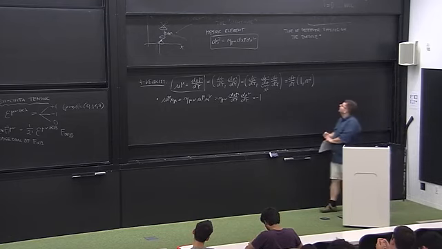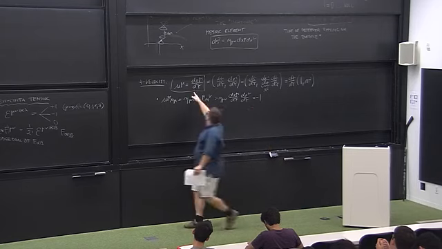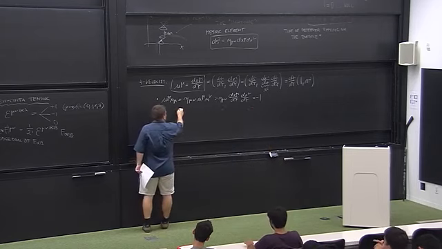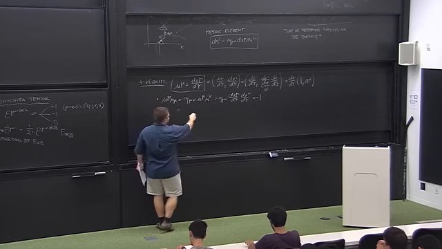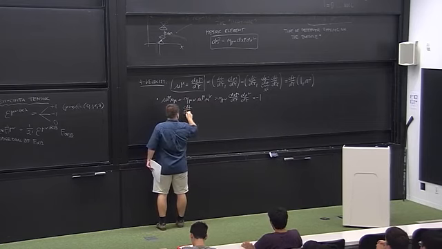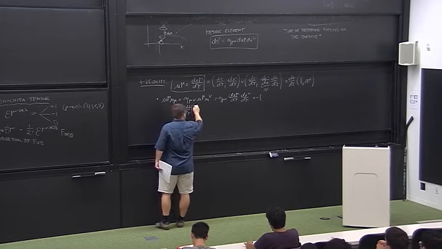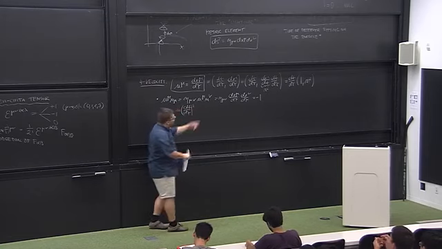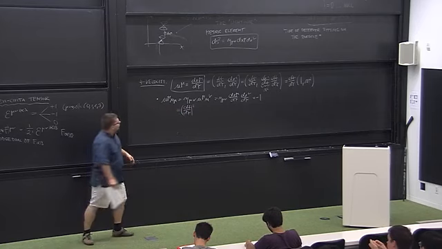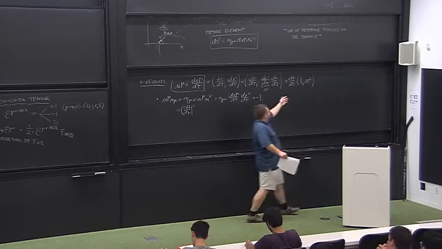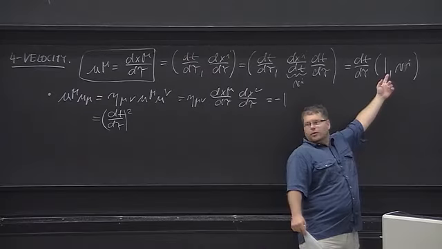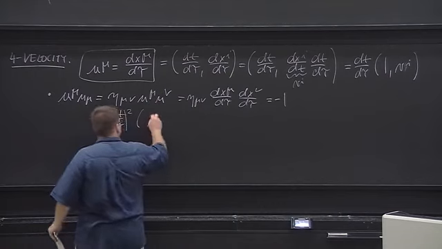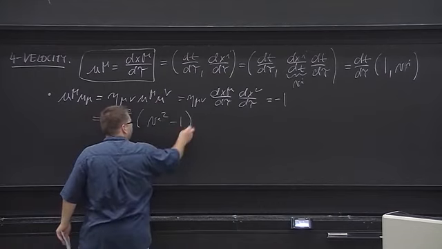All right. So what does it mean? I have that expression for u^μ, so I can also calculate it this way. It's (dt/dτ) squared, and then if I lower the index of u^μ, I just pick up a minus sign here. So this will be v² minus 1, v^i squared minus 1.